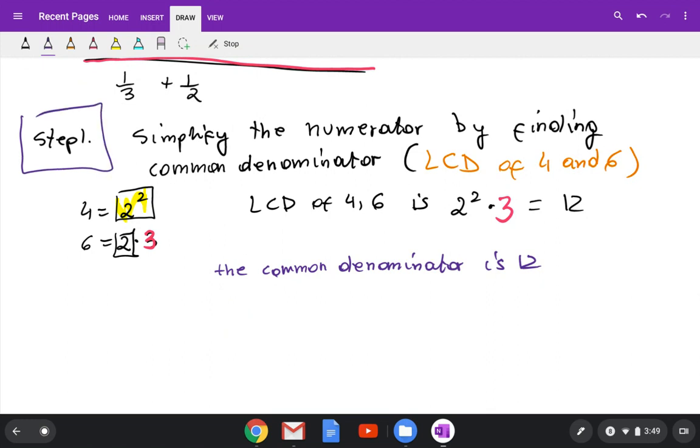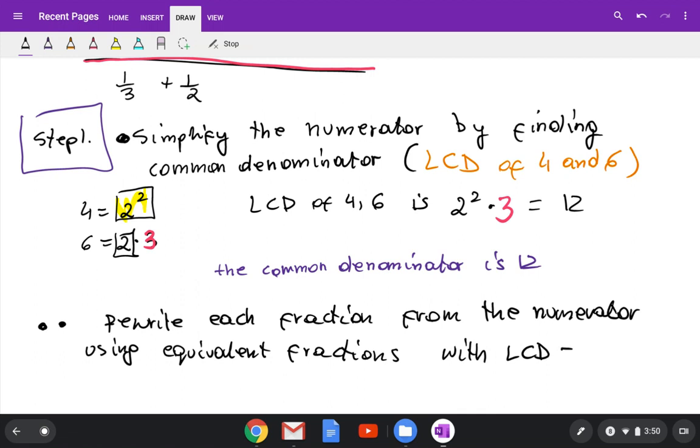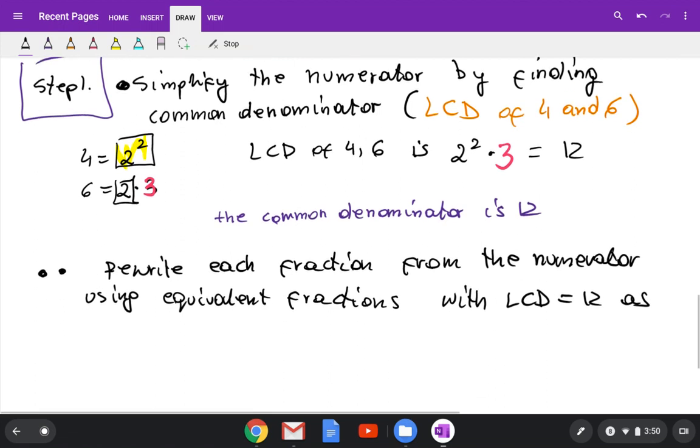So next, when you find the common denominator, okay, so next what you're going to do, rewrite each fraction from the numerator using equivalent fractions with LCD equal 12 as a common denominator.